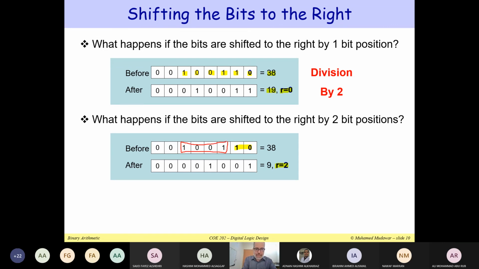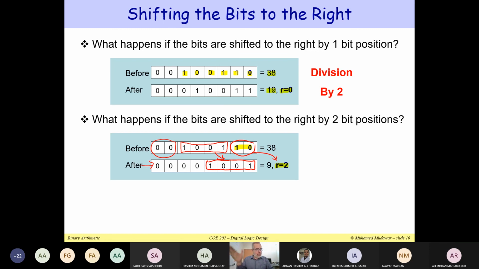So you can see that these bits are shifted to the right. These bits here are shifted out. Of course, the most significant bits here are zeros, so when we shift to the right, we insert zeros from the left. And these bits are shifted out, and this is the remainder.